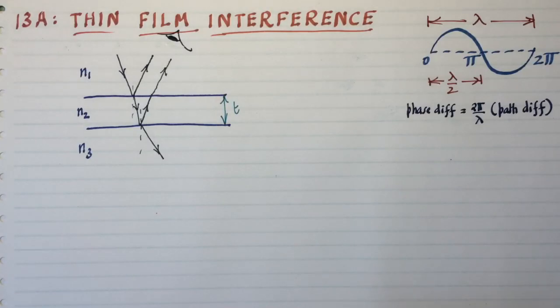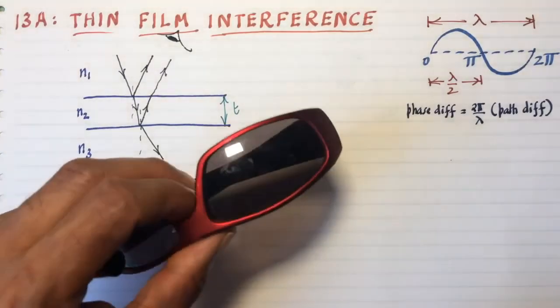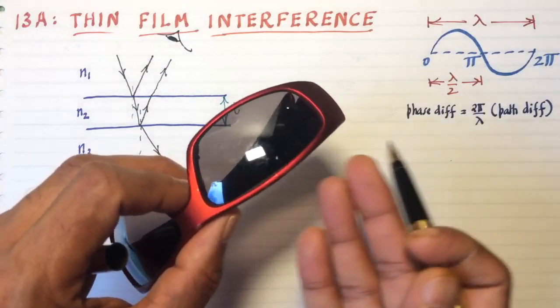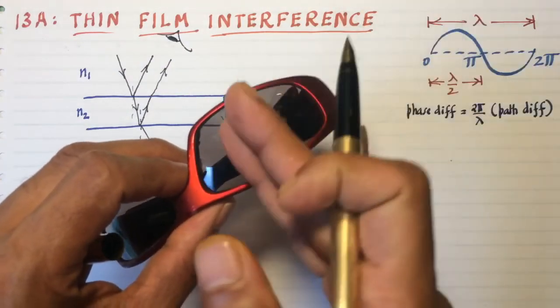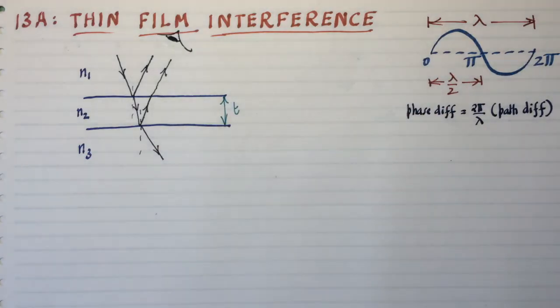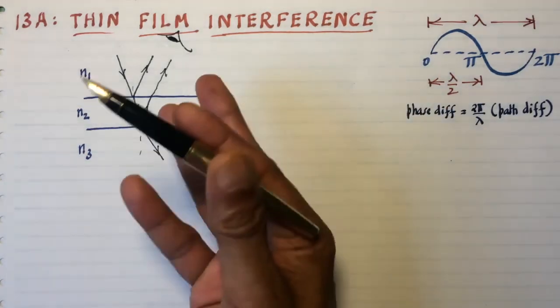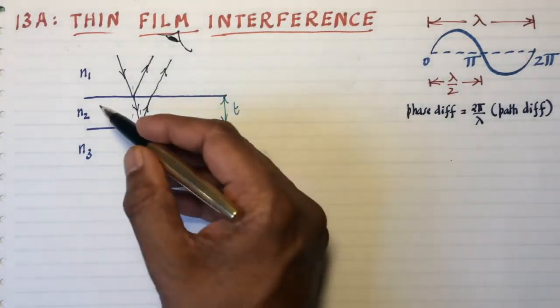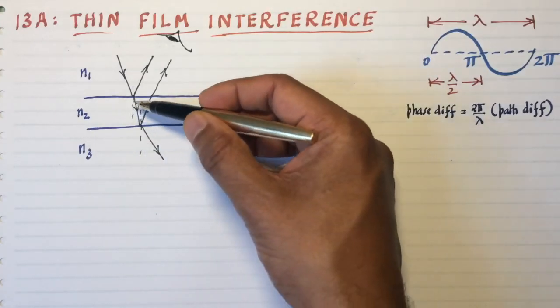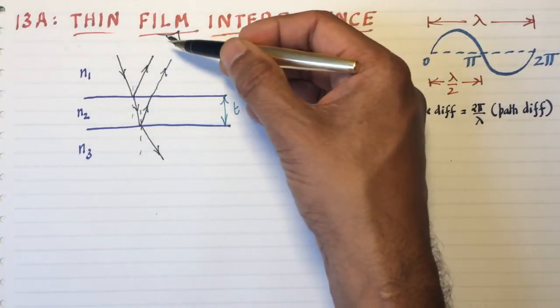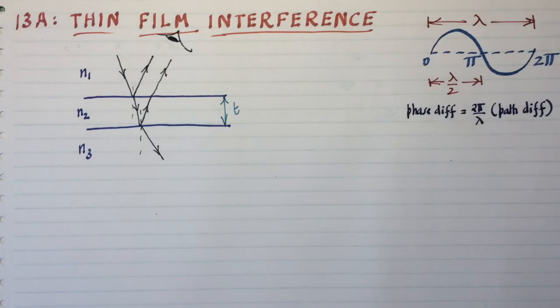Sunglasses are an example. If you want to hide from somebody, then you wear sunglasses, and one of the properties of a sunglass is it hides your eyes because the reflection is so good. So if you don't want to hide your eyes, then you want to have a coating whose thickness is such that the kind of interference you get here is destructive. So you can have both types.